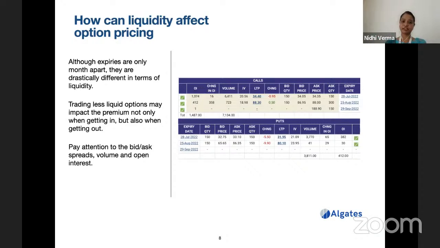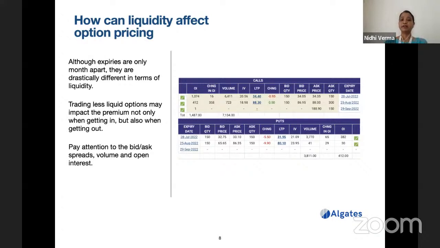What is happening here? This is just a screenshot of an actual option chain from the NSE website. On the right hand side, calls and puts, two screenshots are there. The first one, the expiry is 28 July 2022, which is the end of this month.